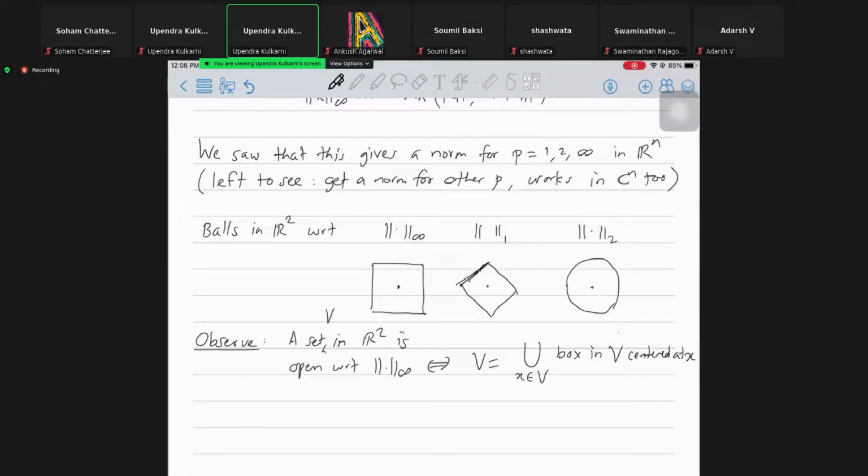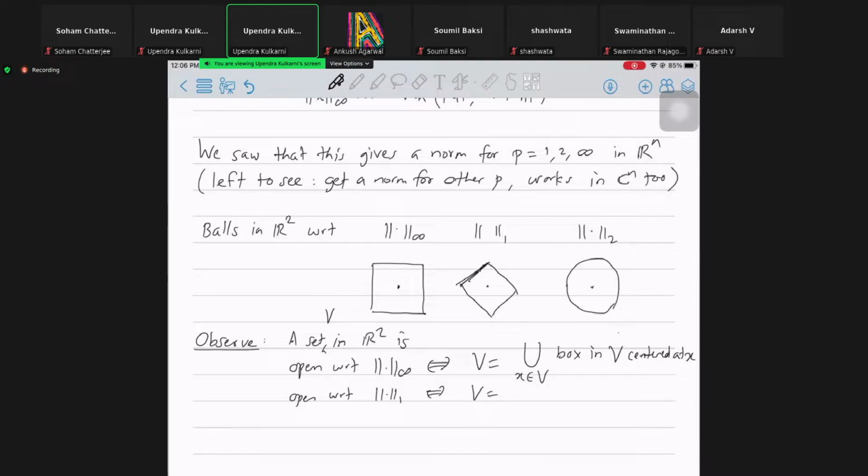Now, the point is, open with respect to this other norm, and in the exact same thing, I'm going to get this. So what changes on the right hand side?